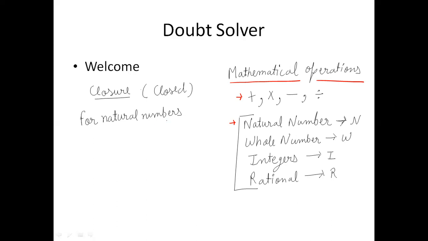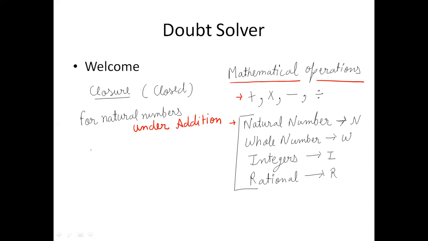I'm taking a combination like natural numbers under addition. We take two inputs, that means we are checking natural numbers.